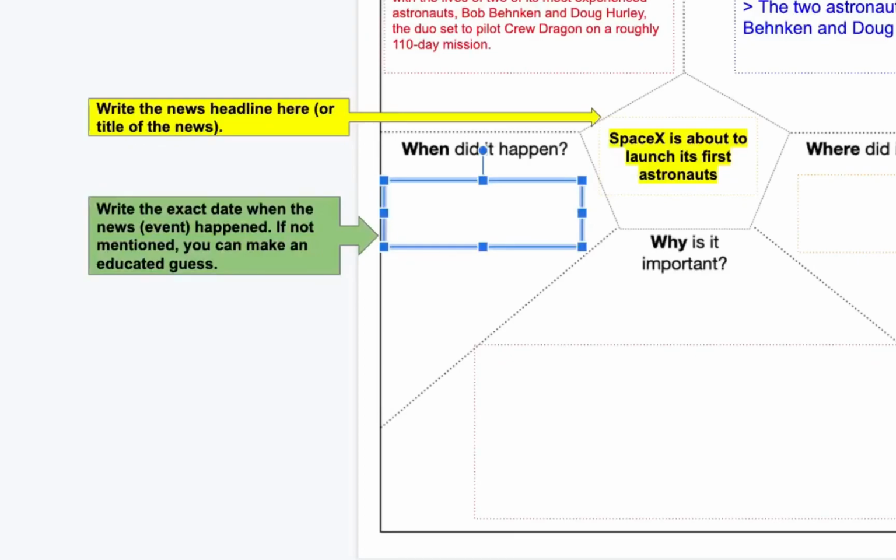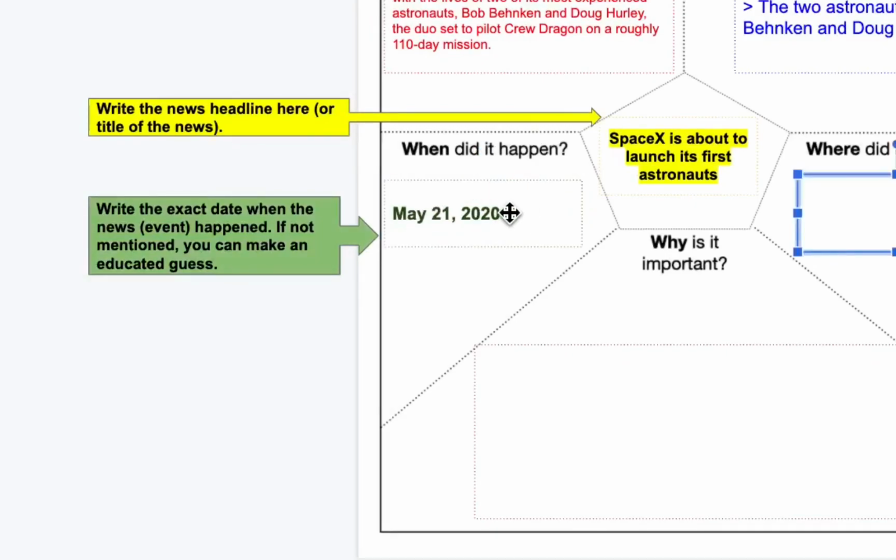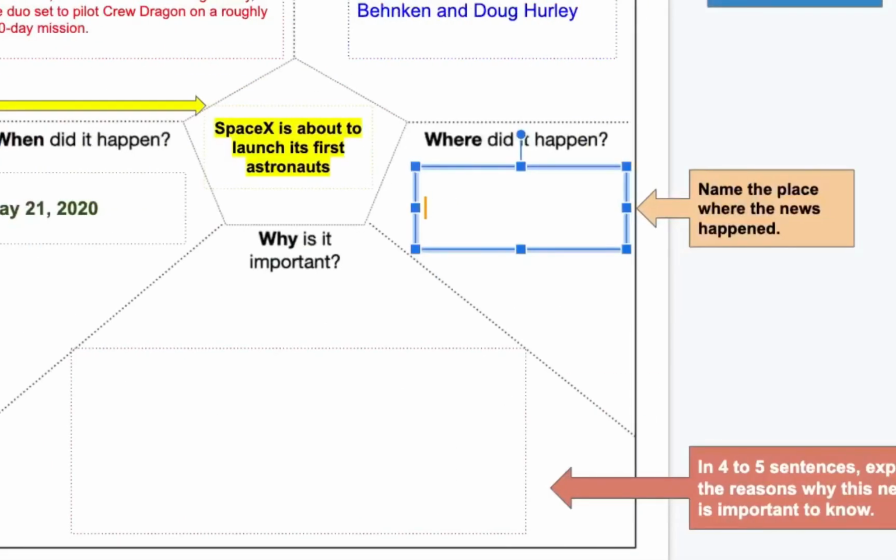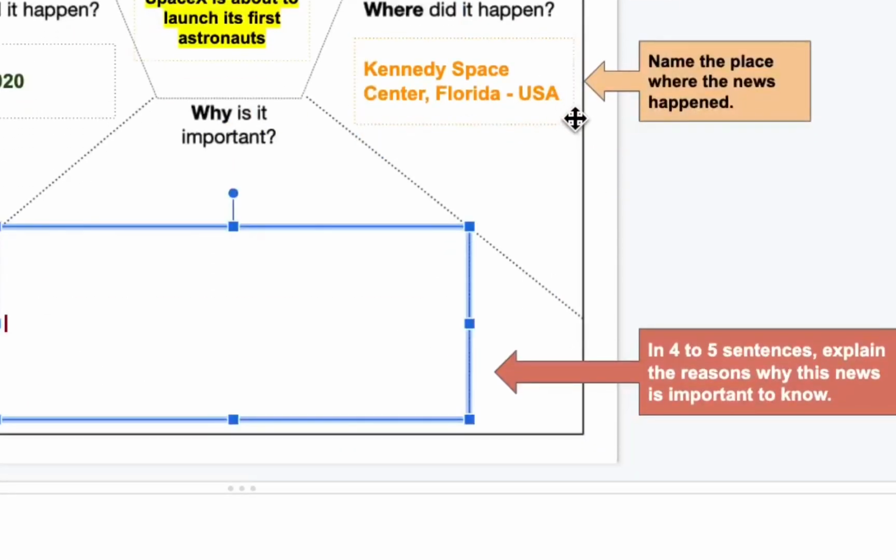When did it happen? Write the exact date when the news or event happened. If not mentioned, you can make an educated guess. So the news happened May 21st, 2020. Done. Let's go to the next one. Where did it happen? It's in Kennedy Space Center, Florida, USA.